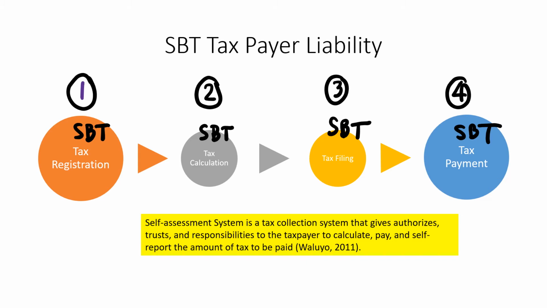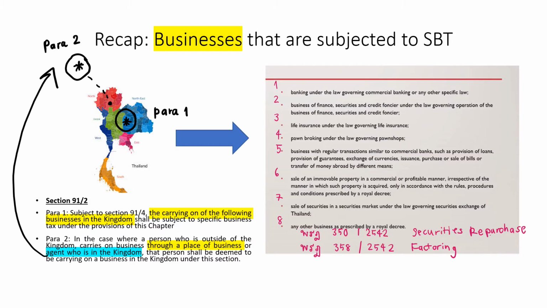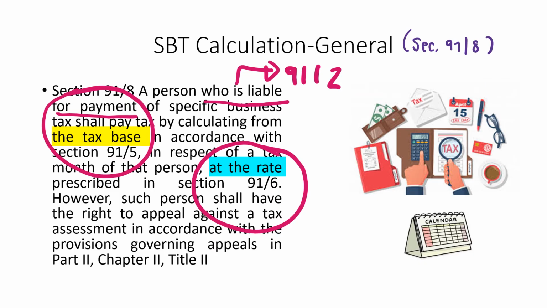Now let's have a look at tax calculation and tax filing and tax payment together. Actually, as we have learned in video clip number 2, we have learned about the various specific types of business that are subject to SBT in section 91/2.